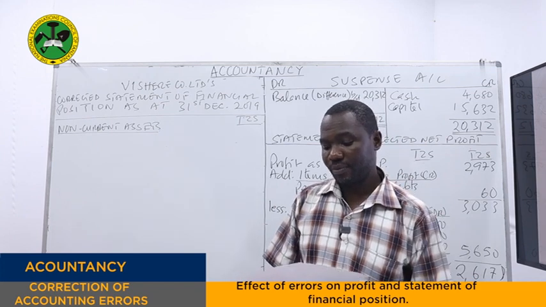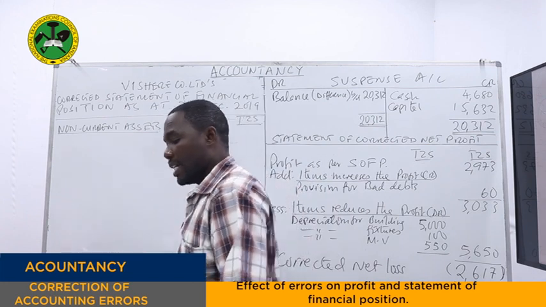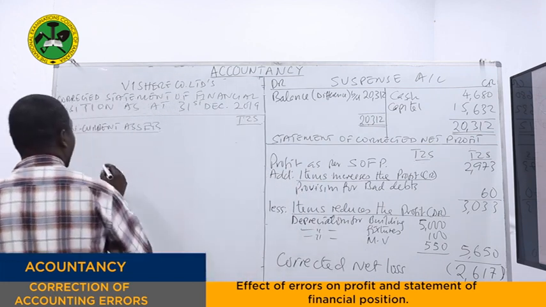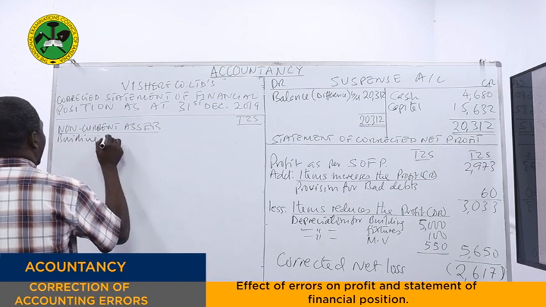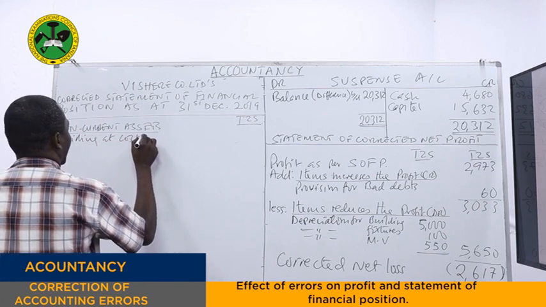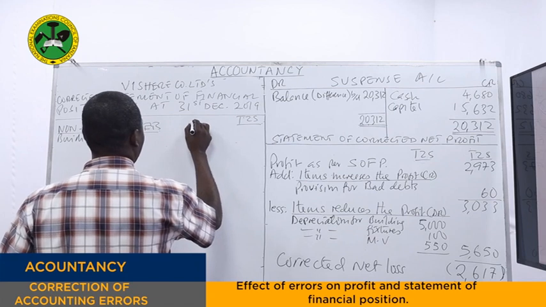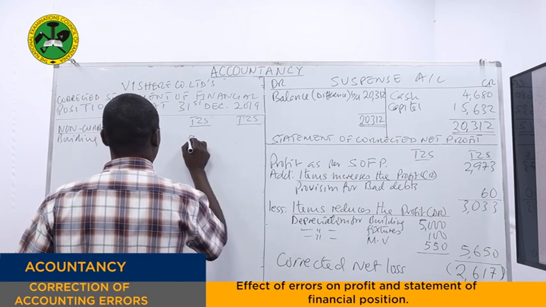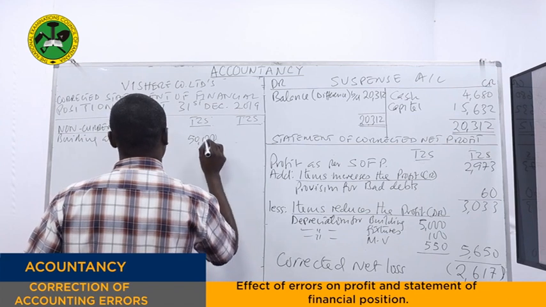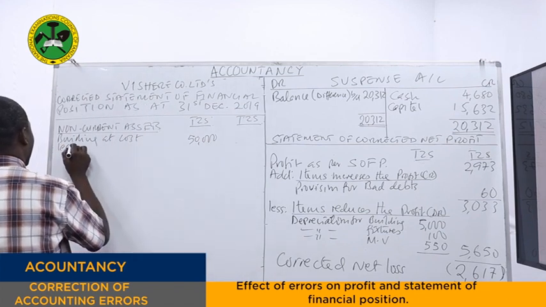So adjust. From our question, we have building at cost. Building at cost was 50,000.